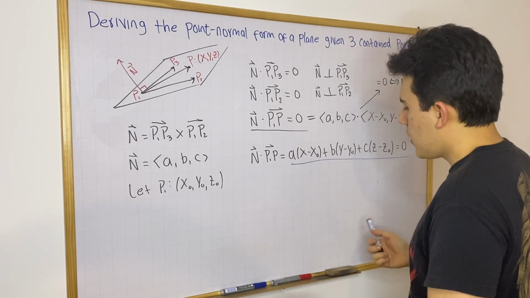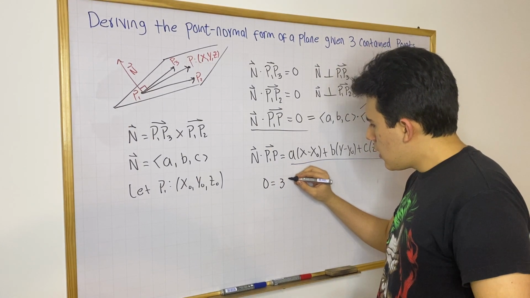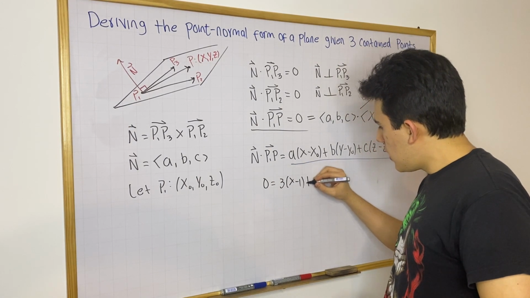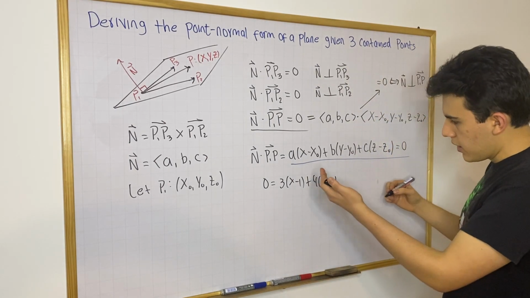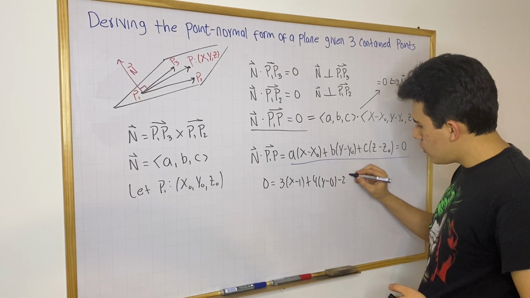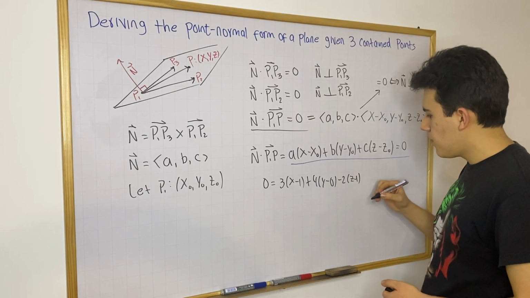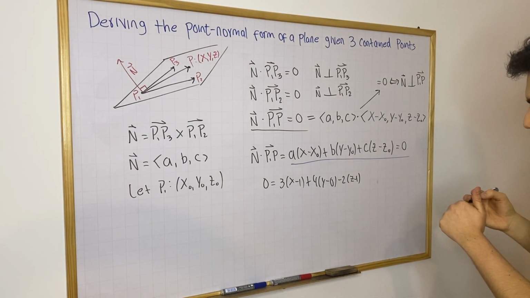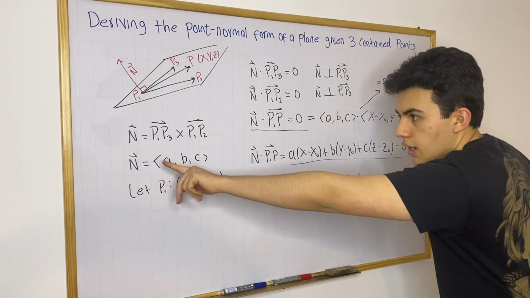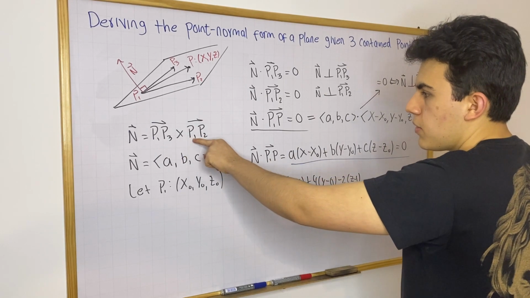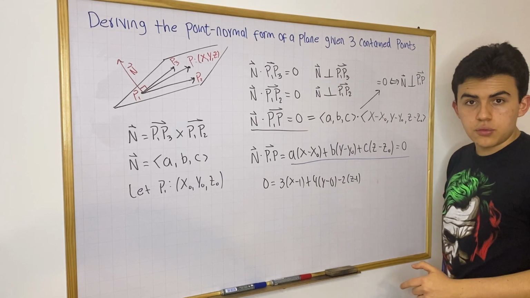You would get a plane of this form: 0 is equal to 3 times (x minus 1) plus 4 times (y minus 0) minus 2 times (z minus 1), okay? And what would be the equation of this hypothetical plane I just came up with? In this plane, the cross product between P1P3 and P1P2 would give you a normal vector with components 3, 4, and negative 2, okay?